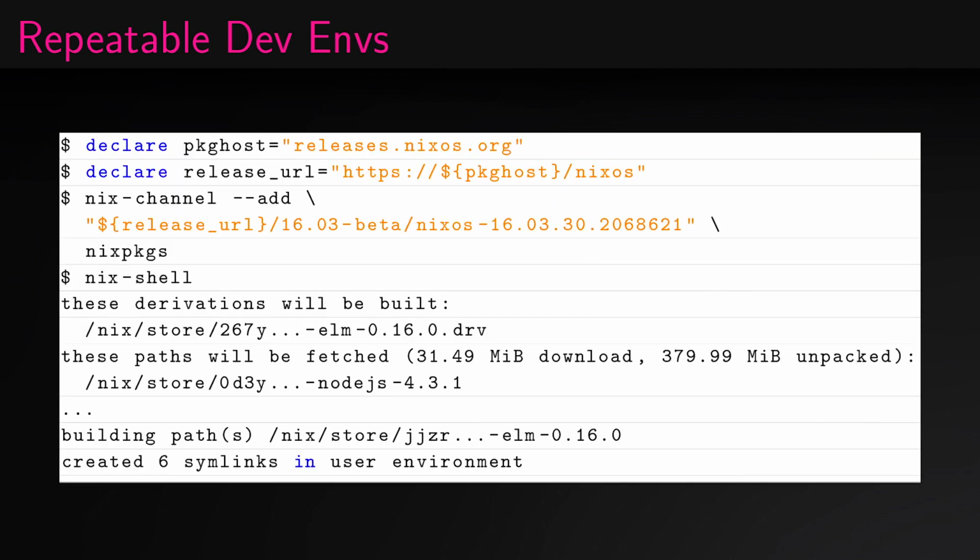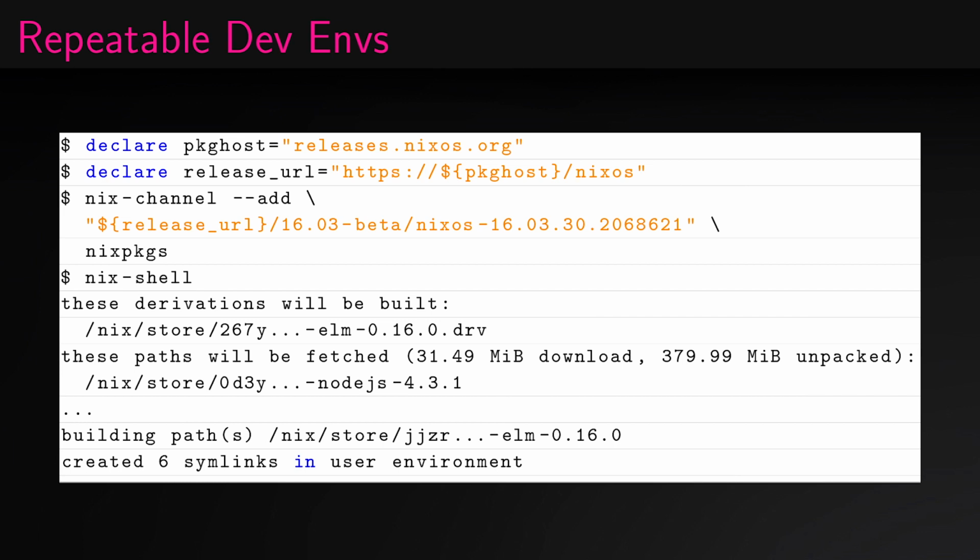So, okay, that was a trivial example. We'll have a look on the next slide at a shell.nix expression. But for now, we're just going to invoke nix-shell, which is going to load up that shell.nix file. All we have to do here is lock down the version of Nix packages that we use, which we do by adding this channel.